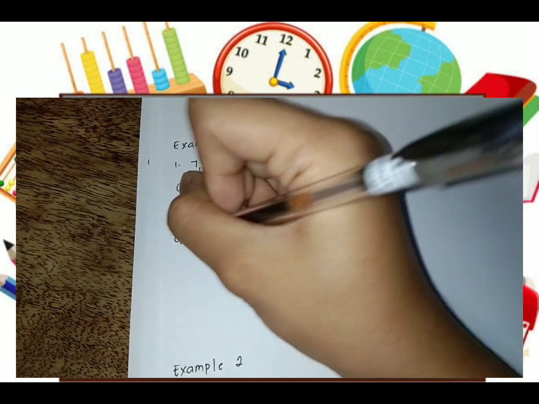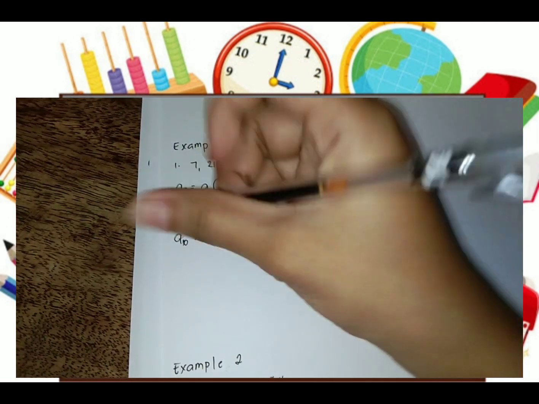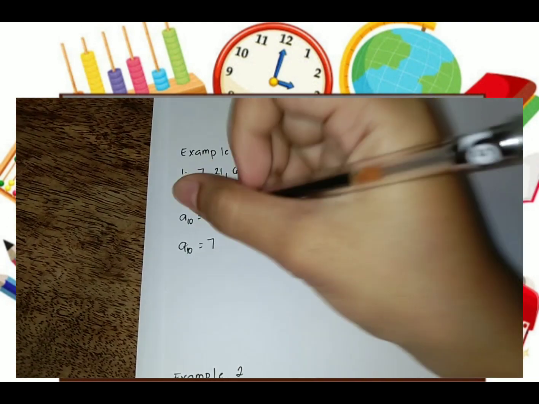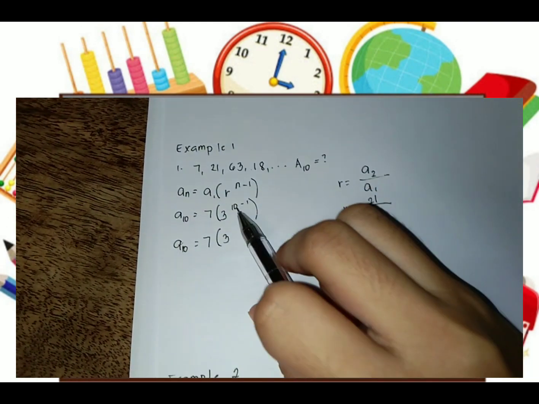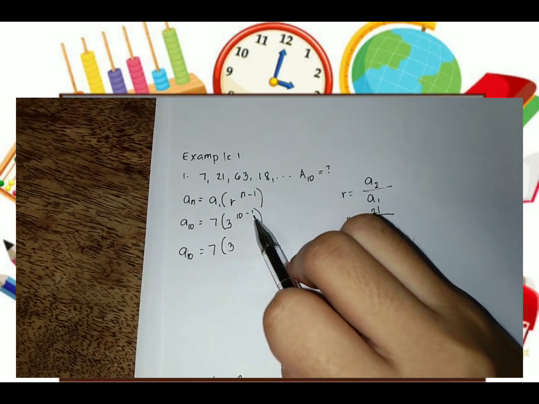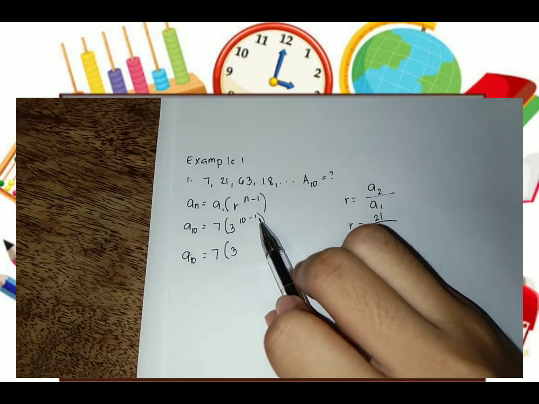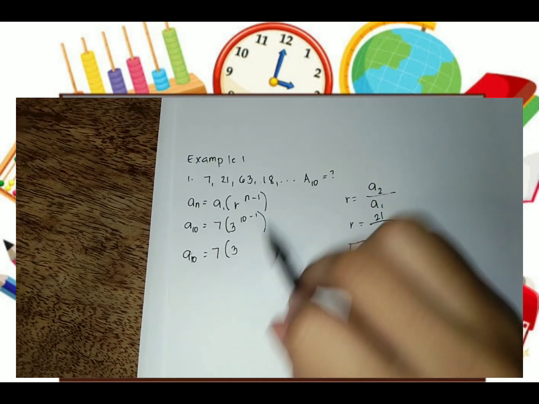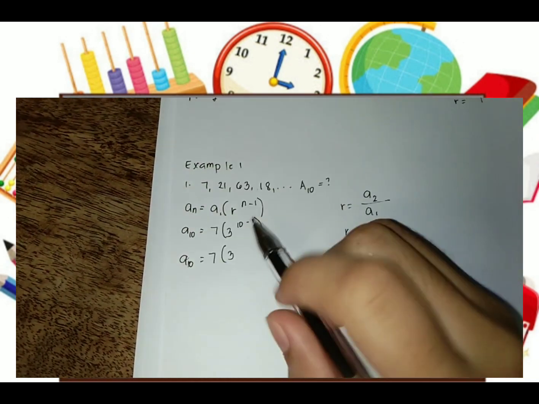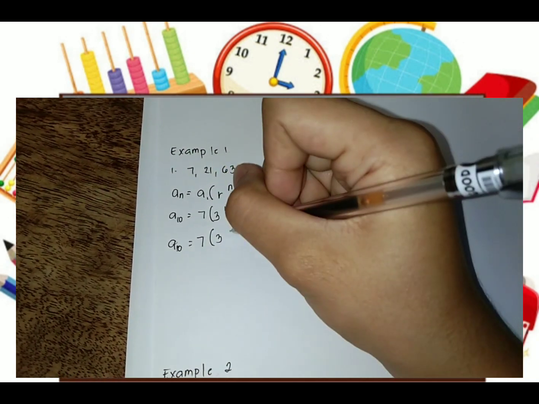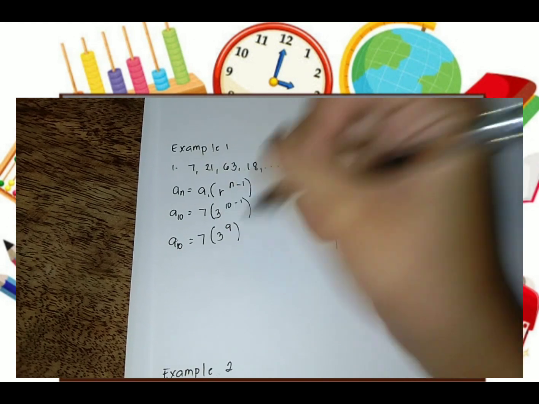So a sub 10 is equal to 7 times 3 raised to 10 minus 1. We will subtract this first before we solve the other. 10 minus 1 is equal to 9.